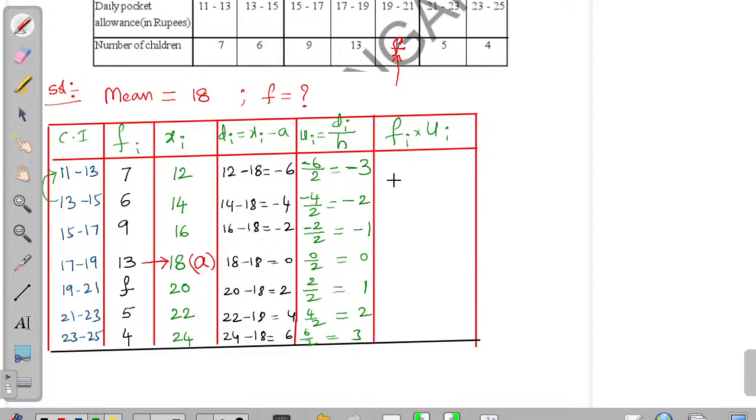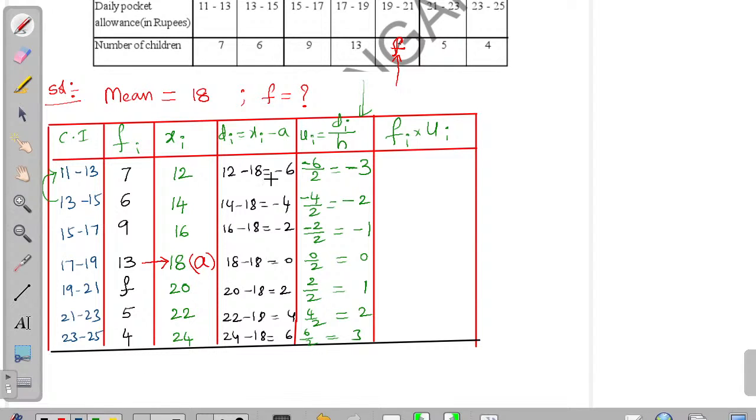If you observe, in the step deviation method this column is the same for each problem: 0, minus 1, minus 2, minus 3, 1, 2, 3. If it contains one more class, it becomes 4.